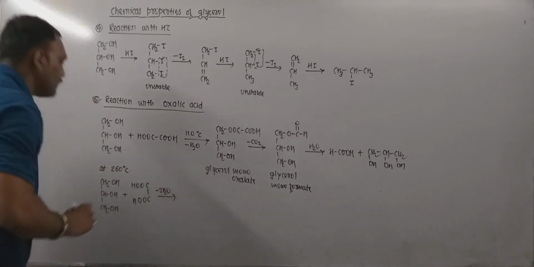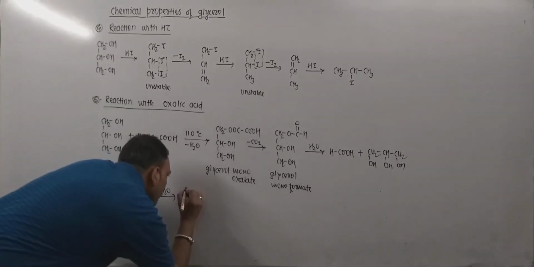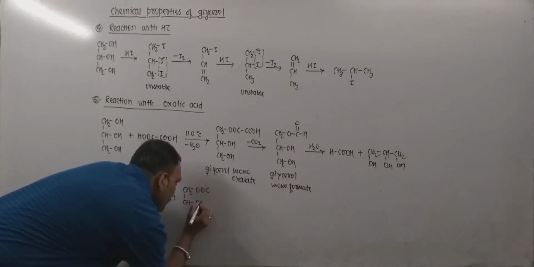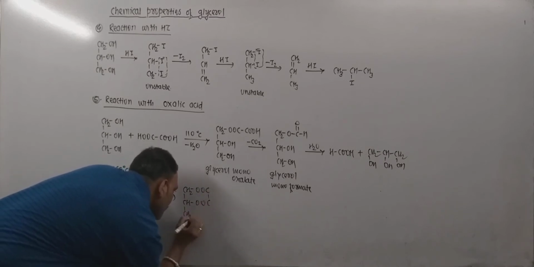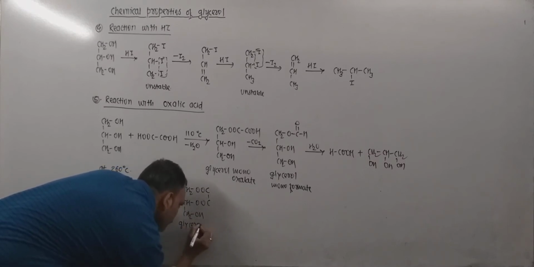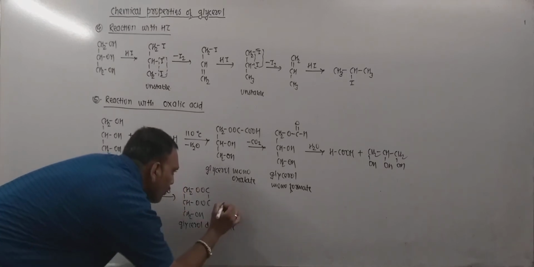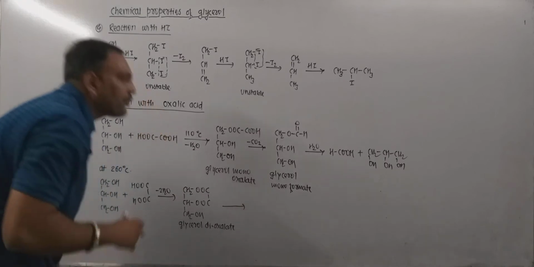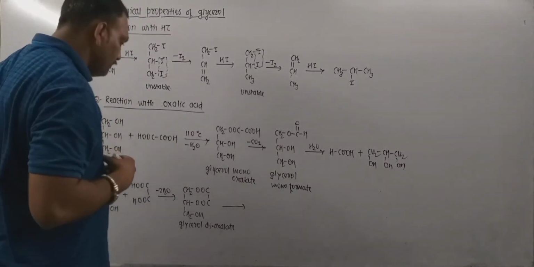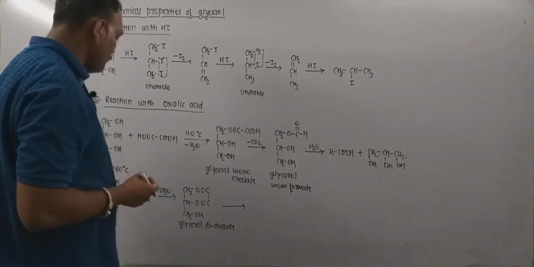Here esterification takes place between two OH groups, and that leads to the formation of an ester that can be given as this. This is the ester so obtained, called glycerol dioxalate, which happens to be the ester of glycerol and oxalic acid at higher temperature.